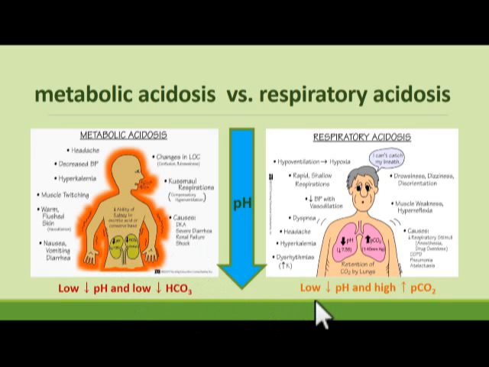On the other hand, in respiratory acidosis, pH and PCO2 are in the opposite direction in the lung. The cause of metabolic acidosis is renal failure, but in respiratory acidosis, the patient cannot breathe well and possibly has pneumonia.